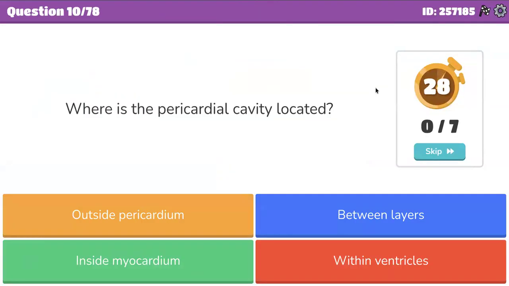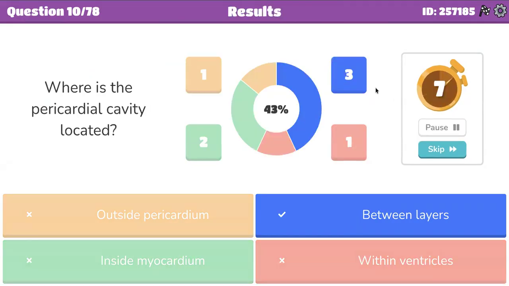Where is the pericardial cavity located? Is it outside the pericardium, inside the myocardium, between layers, or within the ventricles? Yep, it's between the layers.